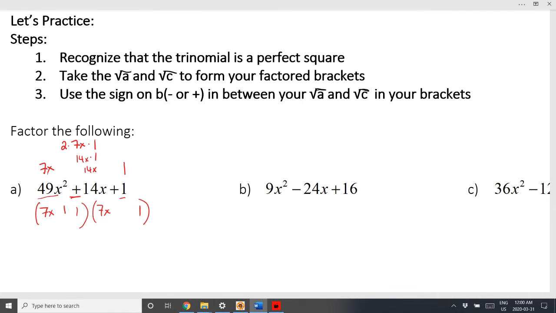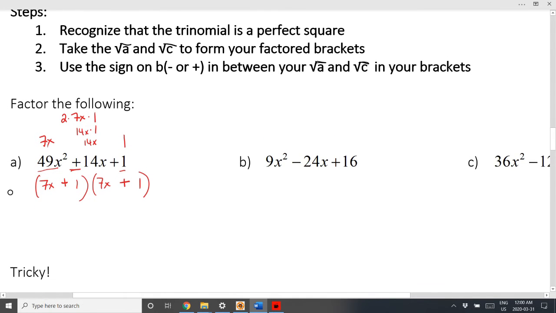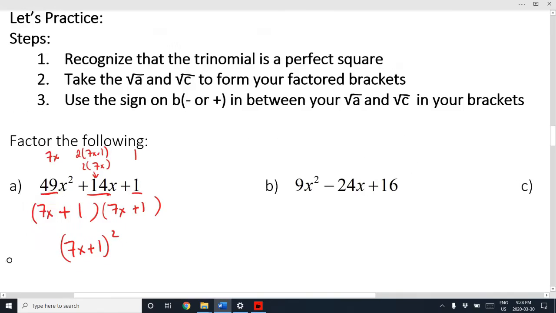So we are actually going to just use that sign right over here, here and here. Now you'll see that these are the same 2 factors being multiplied to each other. So there's another way we could write this, which is just 7x plus 1, and that's all squared. And we're done. And I'll just do the next couple examples here for you.